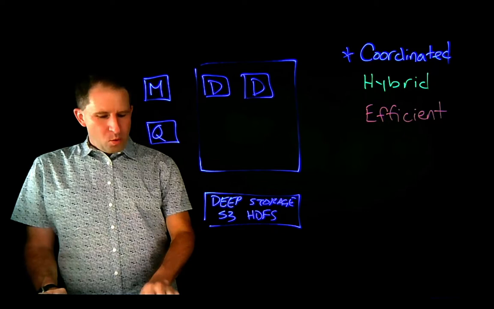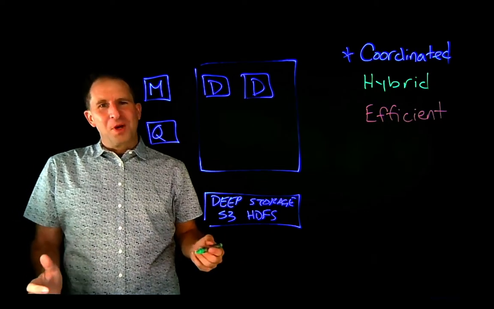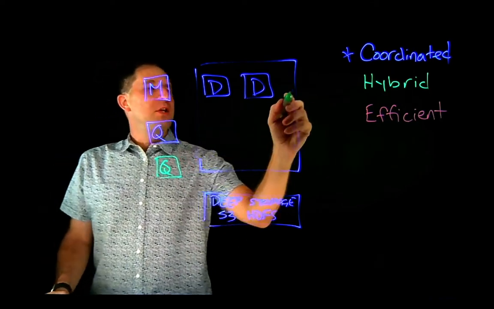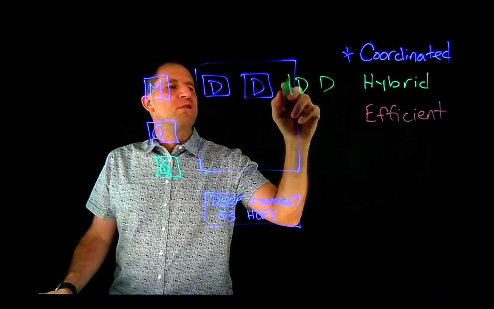And so when you need to scale out with Druid, for example, if you want to add a query node, you can simply add one, but then you can also add more data nodes if you need to as well.